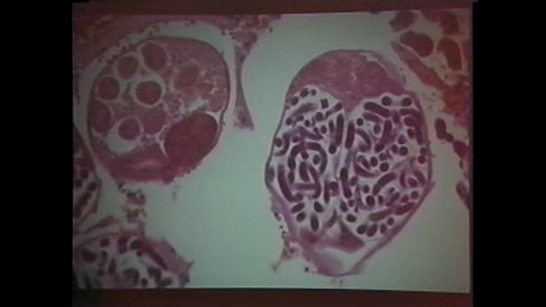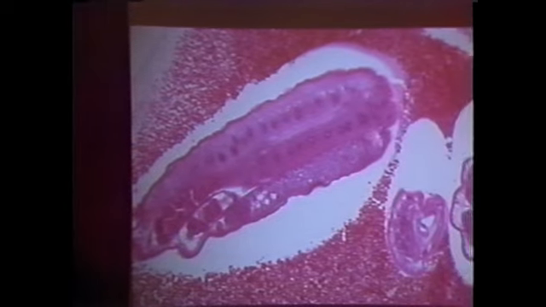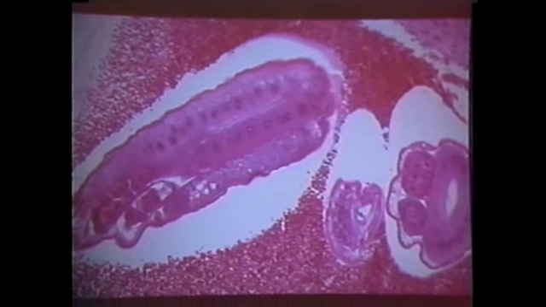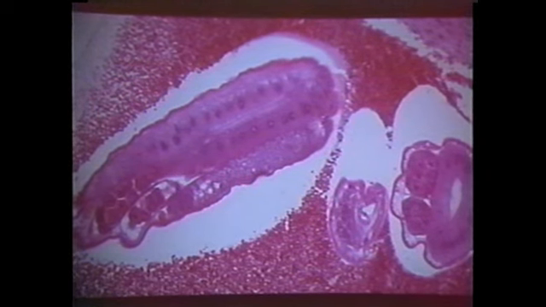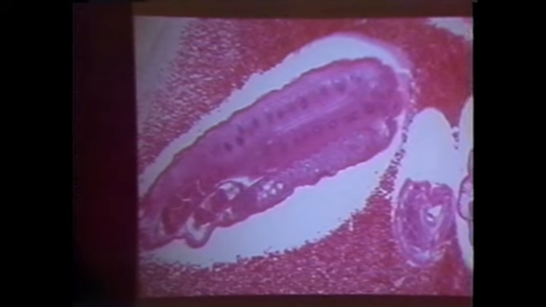So those things with shells that you see in feces are not ova. They're eggs. The only time you will probably see ova is inside the uterus of a female worm which has not been fertilized.